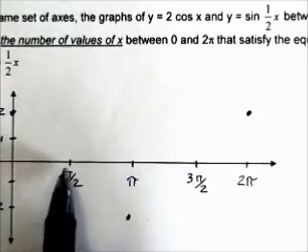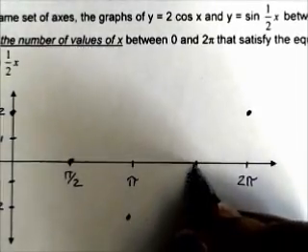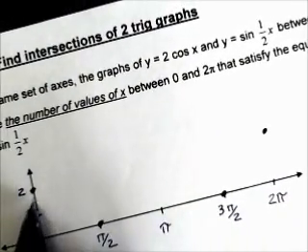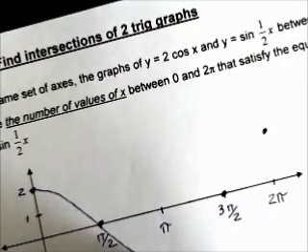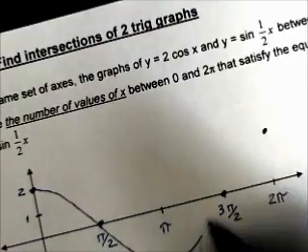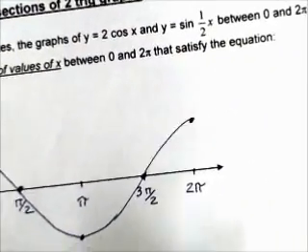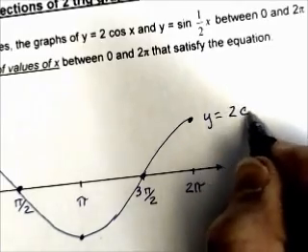And then at pi over 2, we'll be on the x-axis, and at 3 pi over 2. Let's sketch this with a nice curve, and make sure we label it. This is y equals 2 cosine x.